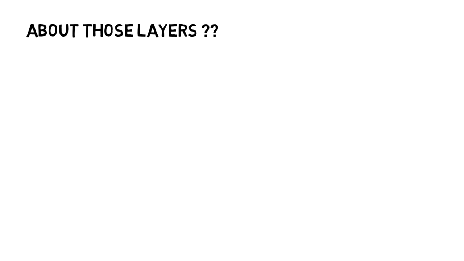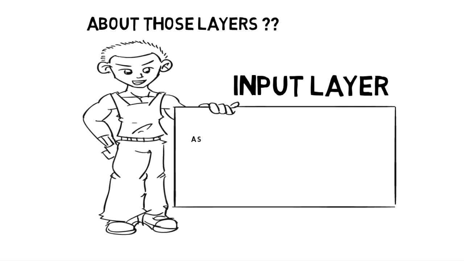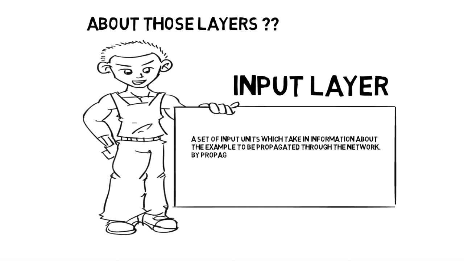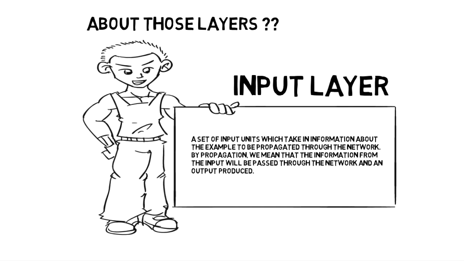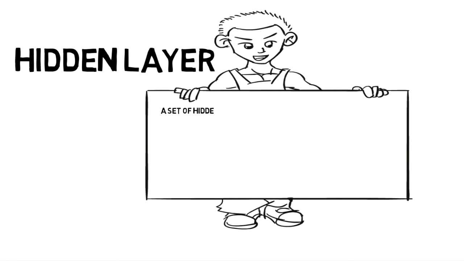But what about those layers? Input layers: a set of input units which take in information about the example to be propagated through the network. By propagation, we mean that the information from the input will be passed through the network and an output produced. Second is the hidden layer: a set of hidden units which take input from the input layer.